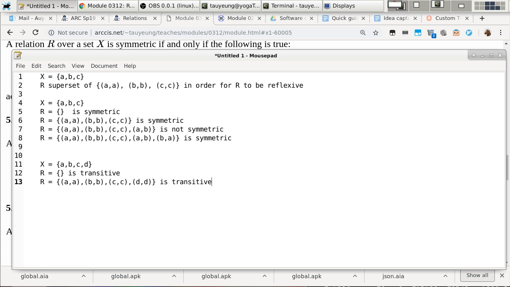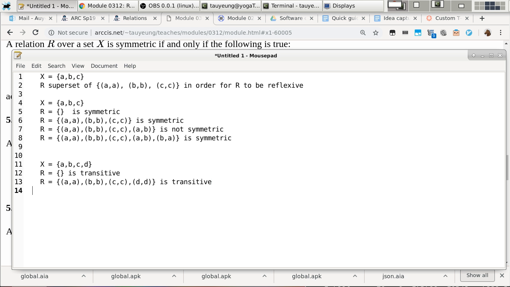R equals blah blah blah is transitive. It's not saying that it is only transitive and not reflexive. In this case, it is also reflexive, it is also symmetric. I just choose not to include all of those because my focus is on transitive. Is that okay? Because I don't want people to misunderstand that it is only transitive.